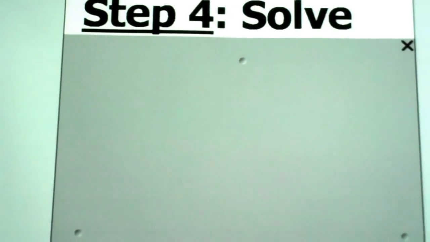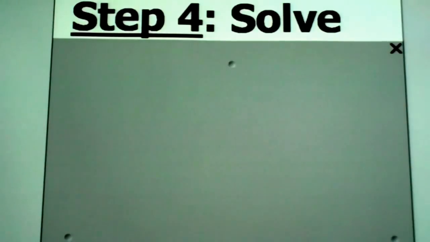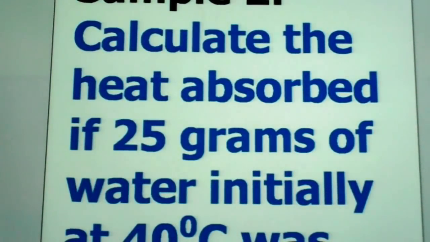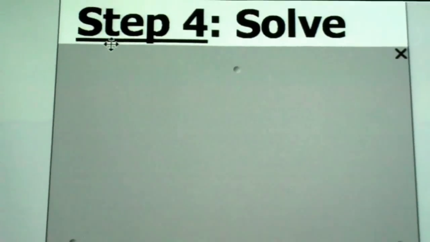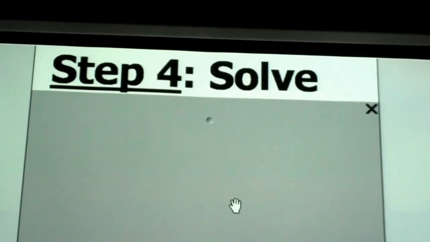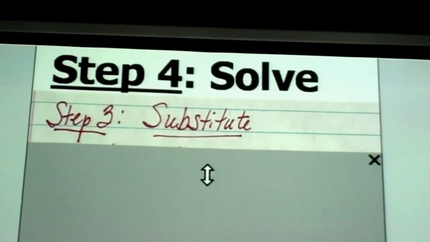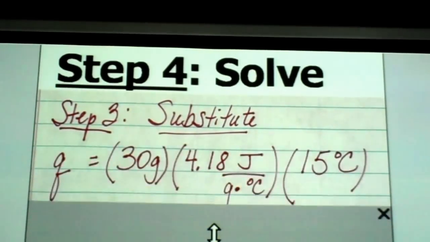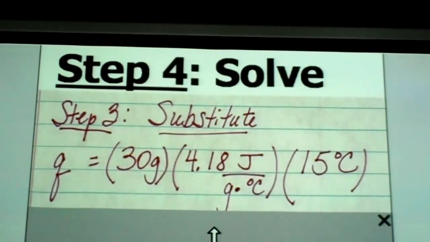Lastly, we're going to solve. So I'm going to show you the substitution and the solved answer. Here's your substitution. You're going to put in the numbers with the units.